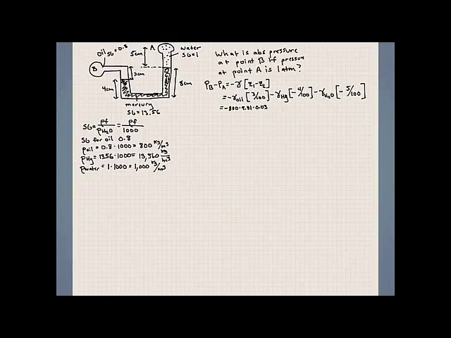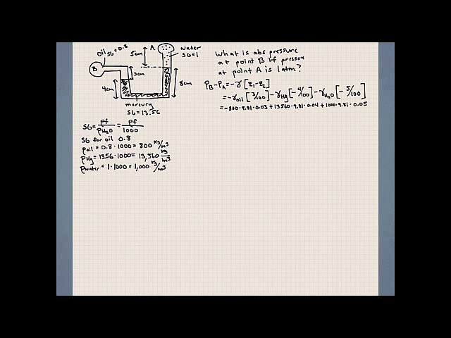These two negative signs cancel. 13,560 times 9.81 times 0.04. And then we'll add also, since these negative signs cancel out, 1,000 times 9.81 times 0.05.